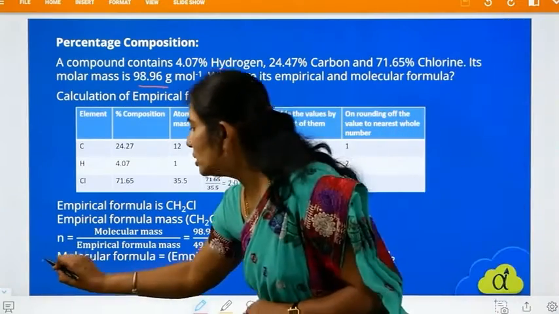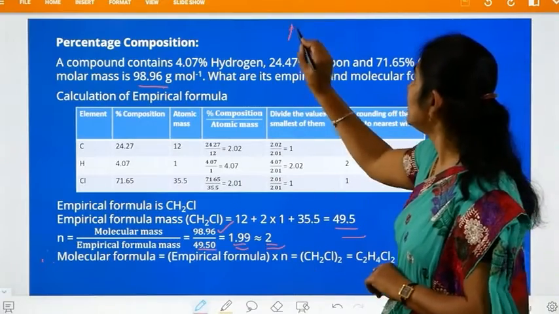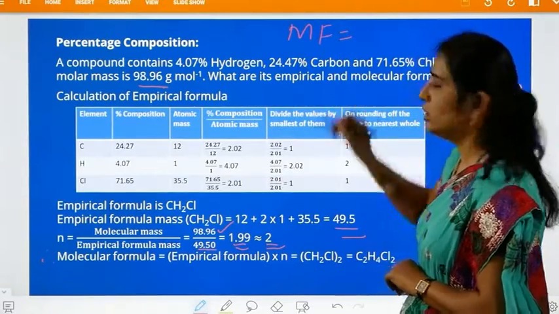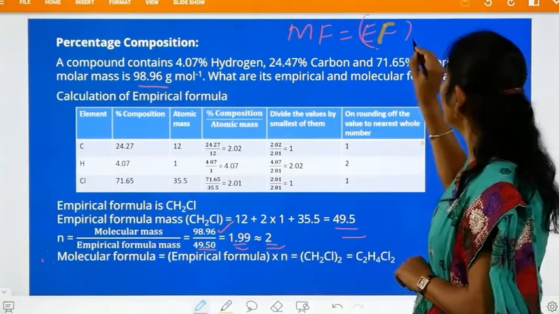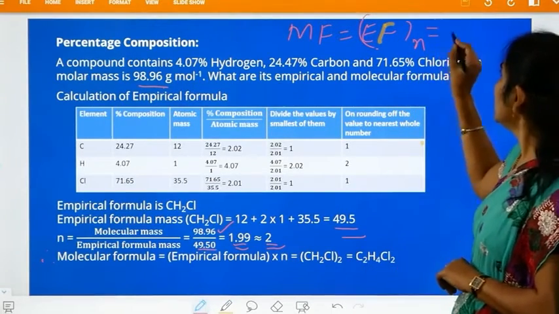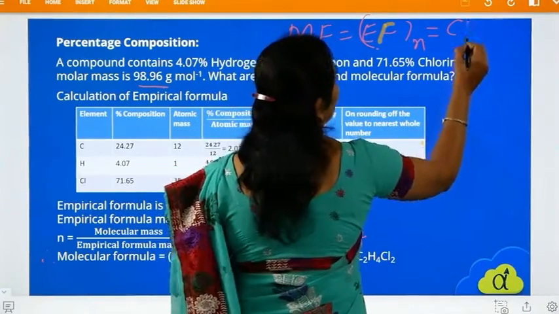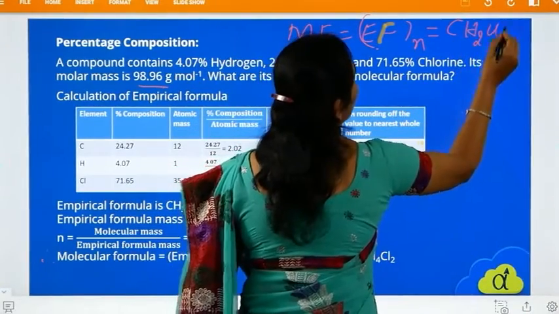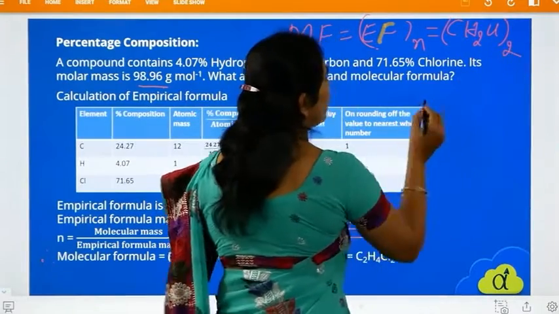Therefore, what is the molecular formula? See, molecular formula is equal to the empirical formula n times. So now, what is the empirical formula we got? CH2Cl. What is the n value we got here? 2.